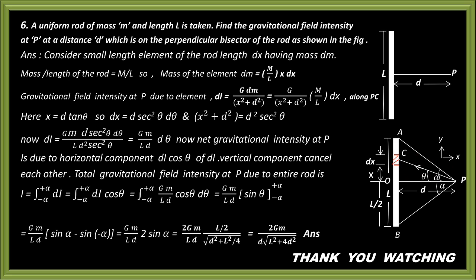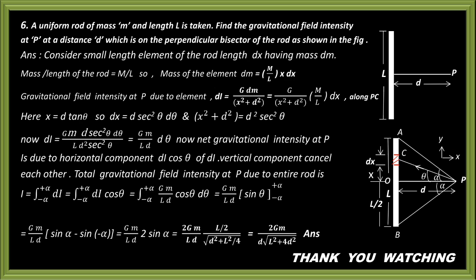Now the net gravitational intensity at P is due to the horizontal component dI cos theta of dI, and the vertical components cancel each other. You can see dI is along P to C and it has two components, one in this direction and the other in the vertical direction.